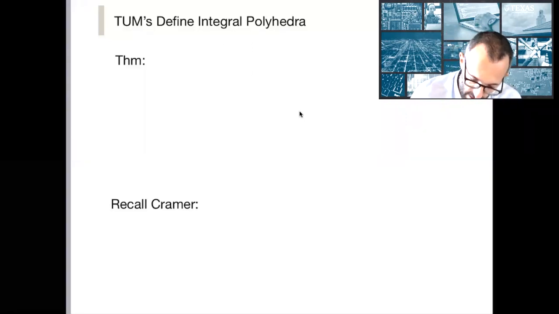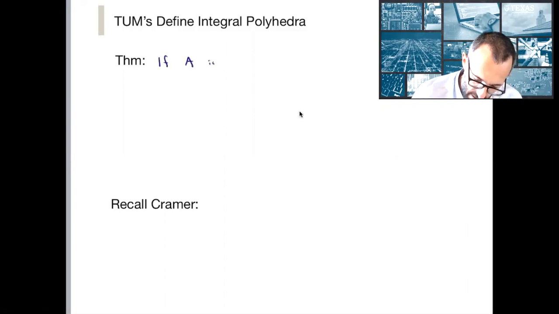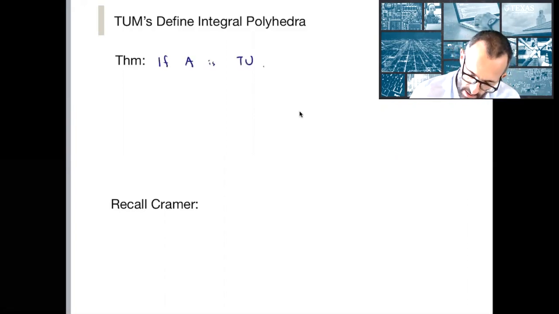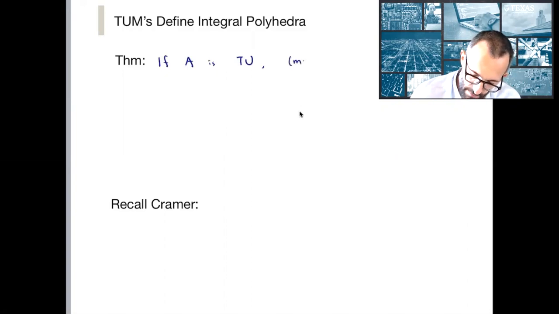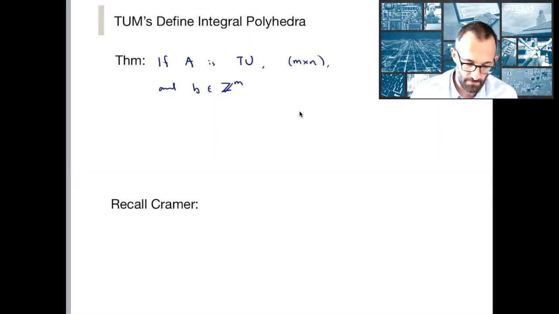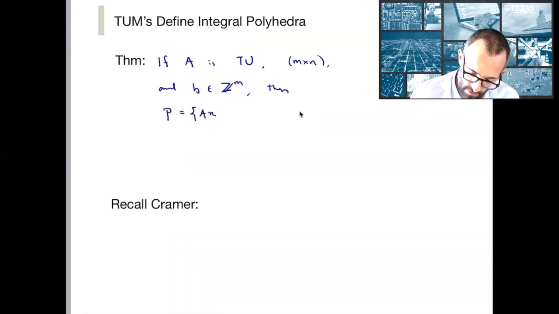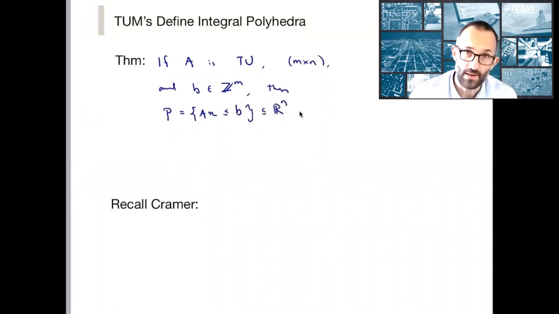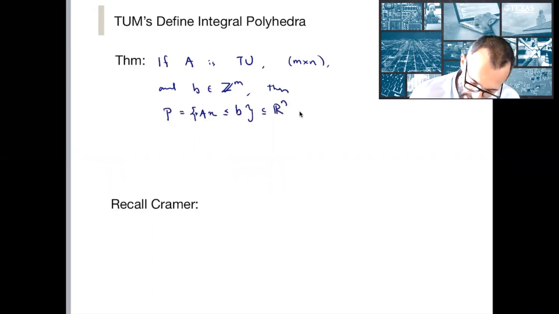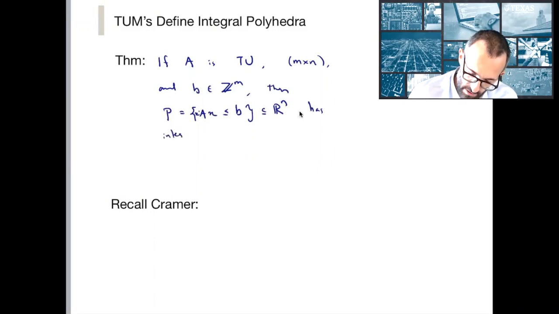So the result here is that if A is totally unimodular, say an m by n matrix, and b is an integral vector of the appropriate dimension, then the polytope P, or polyhedron, I'm not making an assumption of boundedness, Ax less than or equal to b, which is a subset of Rn, the x such that this holds, has integral extreme points.